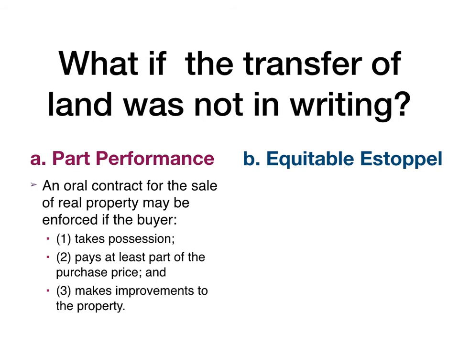The doctrine of part performance says that an oral contract for the sale of real property may be enforced if the buyer, 1, takes possession, 2, pays at least part of the purchase price, and 3, makes improvements to the property.